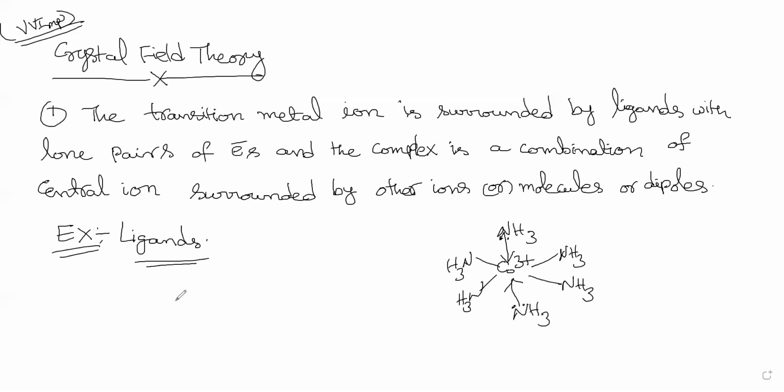The cobalt 3 plus is an ion. These ions will have vacant orbitals. If anything is having a vacant orbital, you can treat it as a Lewis acid. A Lewis acid is the one which will accept the electron pair.